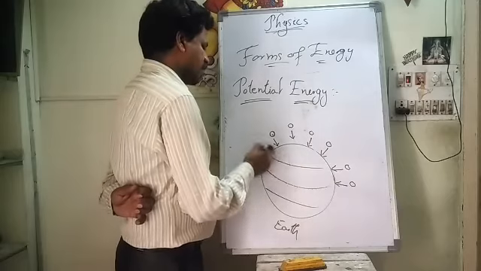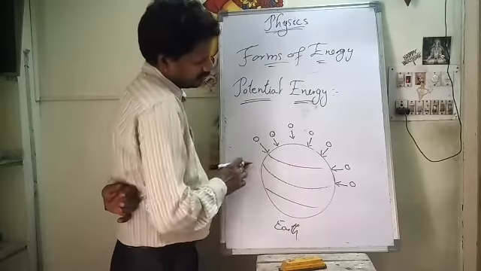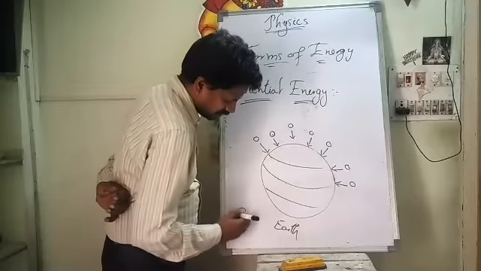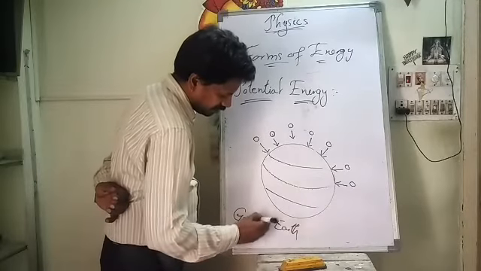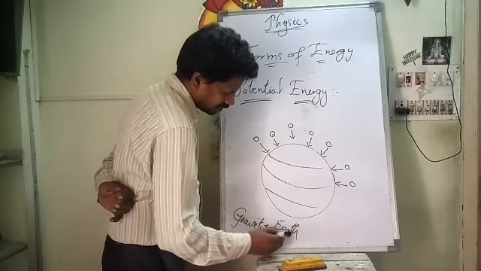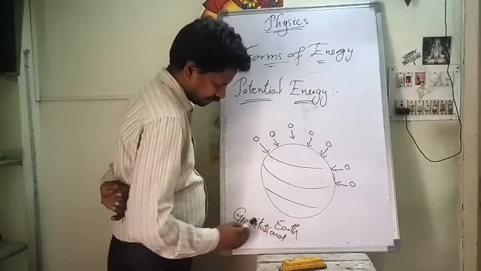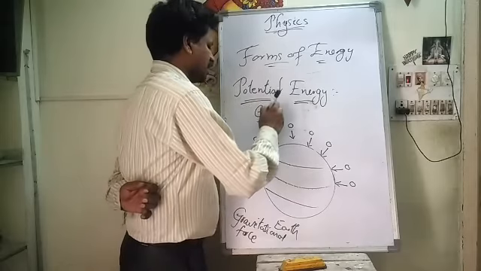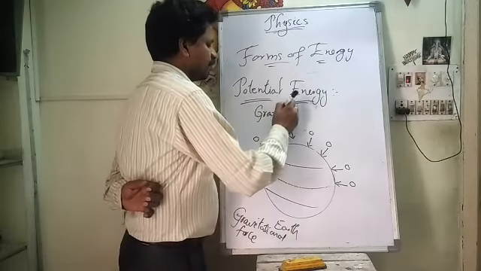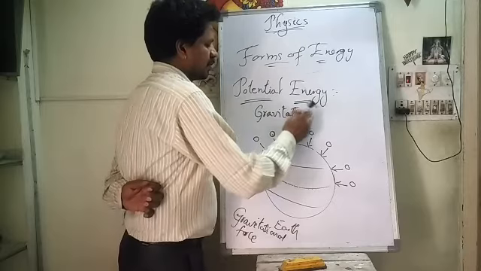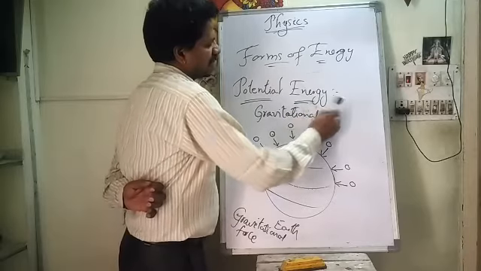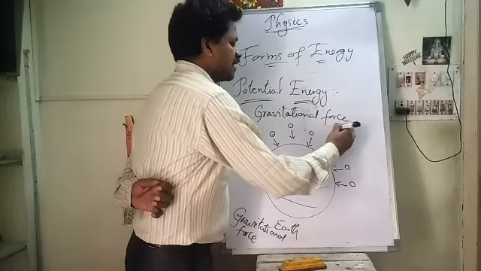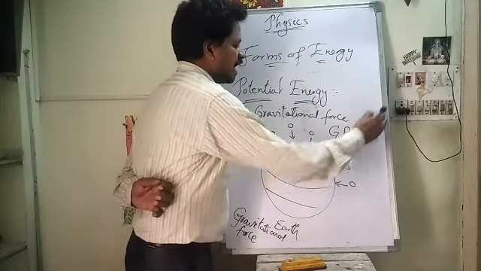Which force is applied on the object by the earth? That is gravitational force. The energy obtained due to gravitational force is called gravitational potential energy.